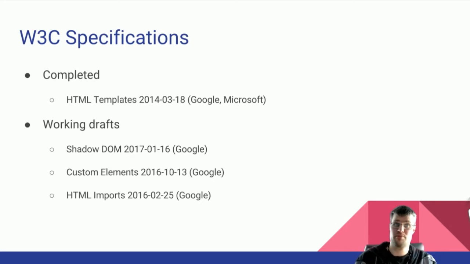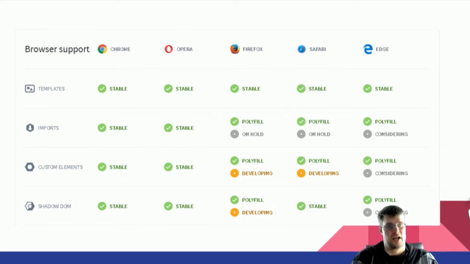So let's talk about the browser support then. In the browsers, as I said, templates is implemented everywhere. Imports is the one that is a little bit more controversial, so only Chrome and Opera has implemented it. Custom elements is implemented in Chrome, Opera, Firefox, and Safari has a development branch with this feature inside, and Edge is still considering.